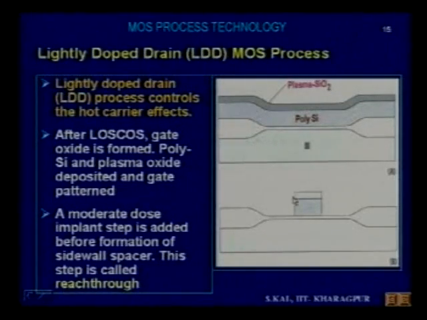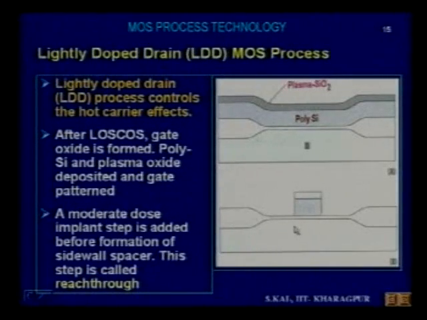So this is the polysilicon, and on top is the silicon dioxide, and in the rest of the region silicon dioxide and polysilicon are removed. Only below this is the thin oxide, the gate oxide, and that thickness is of the order of 100 to 150 angstrom normally. In very advanced VLSI CMOS processes, this oxide has gone down below 100 angstrom also.